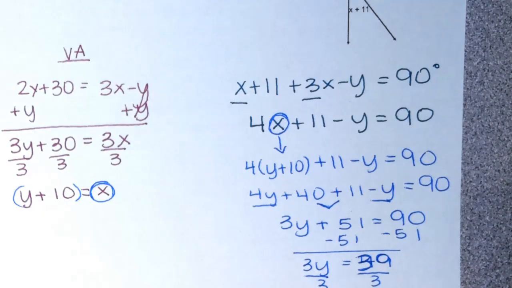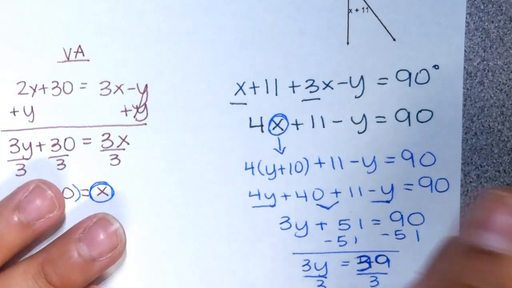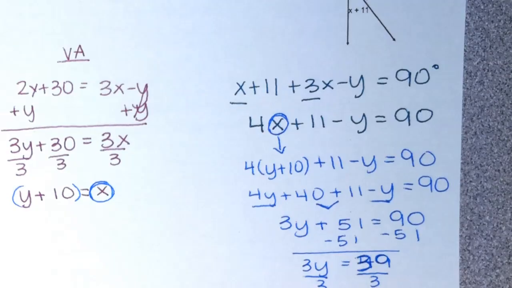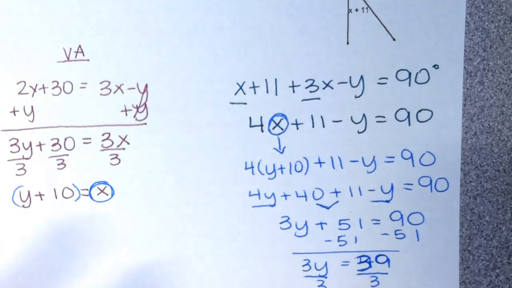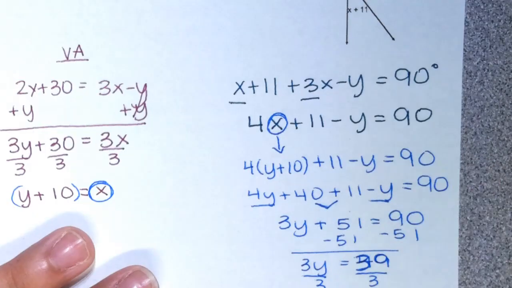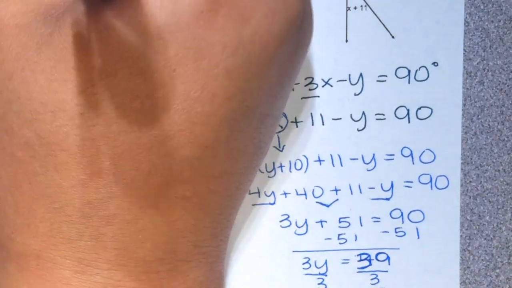After plugging it in, it's simple. It's just solving an equation like we've been doing. But that plugging it in, getting them into the right equations, is what makes it difficult. Yeah, for sure. I got 13. Did y'all get 13 for y? Yeah.